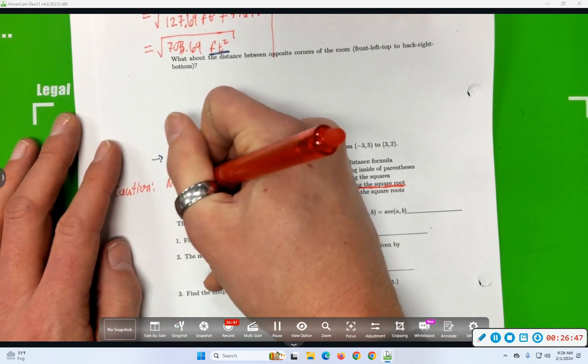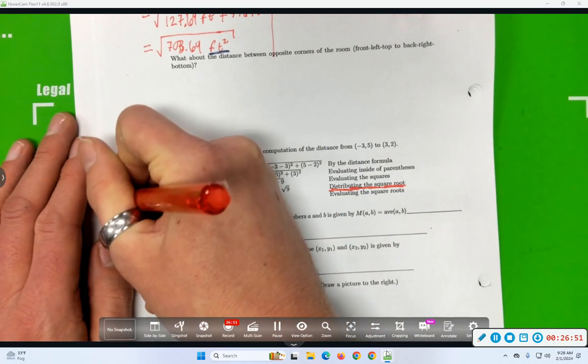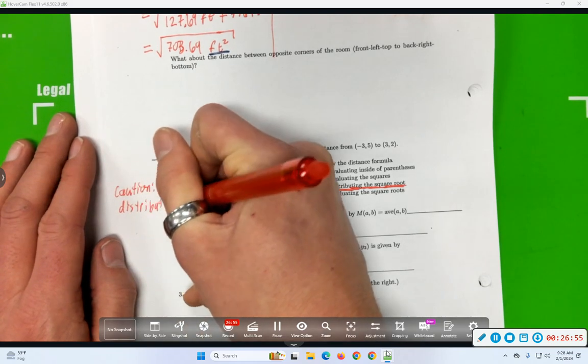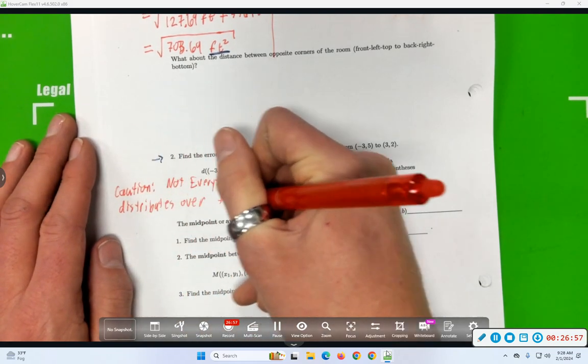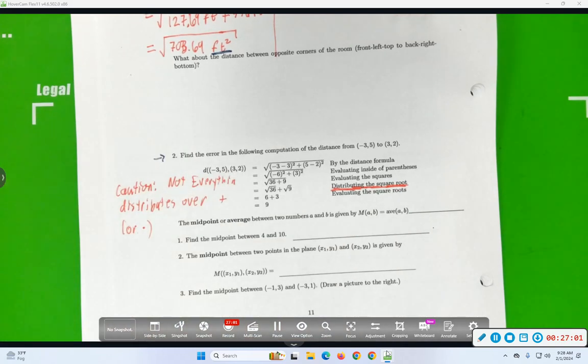Not everything distributes over addition or multiplication. So if you're going to do tricks involving little algebraic manipulations like that, make sure that they're correct.